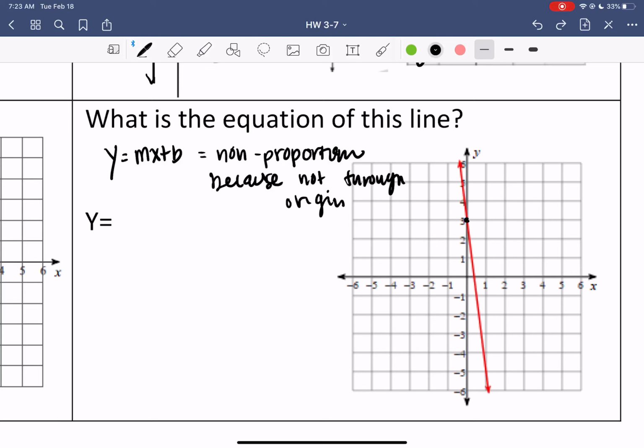So we're going to want to start by identifying this is our slope, and this right here is our y-intercept, meaning where our graph intercepts the y-axis. So we have our y-axis right here, and then we have our y-intercept there from our graph.